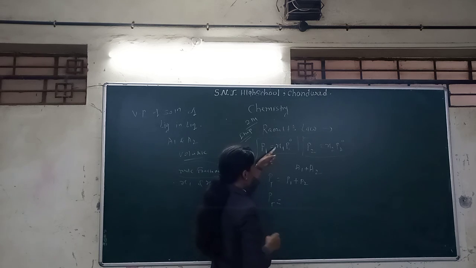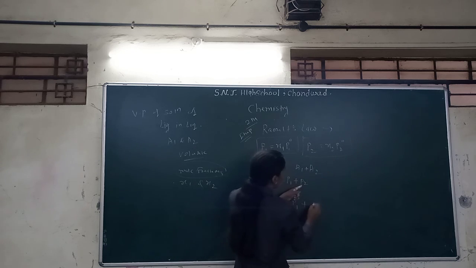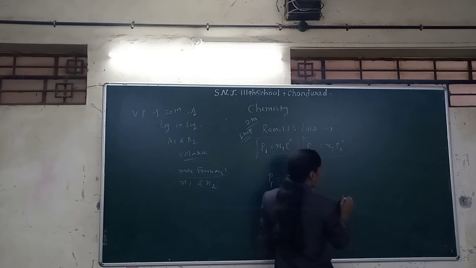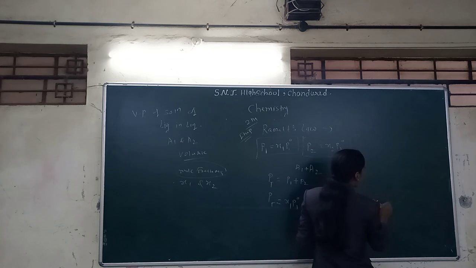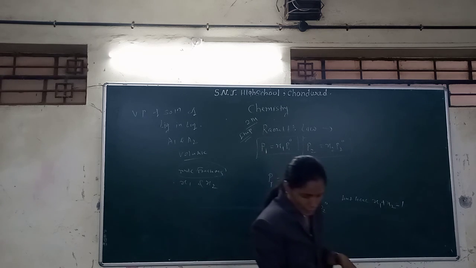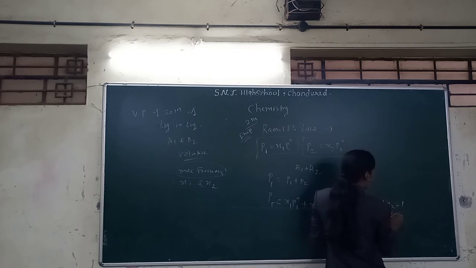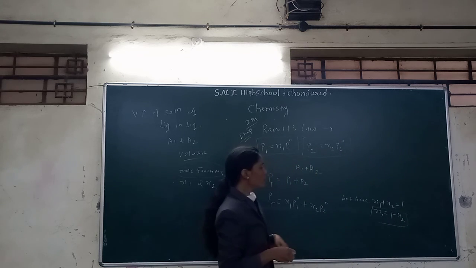PT is equal to, adding the values of P1 and P2, X1 P1 naught plus X2 P2 naught. But here, in a binary mixture, the mole fractions of both components have a summation of 1. So X1 is equal to 1 minus X2.